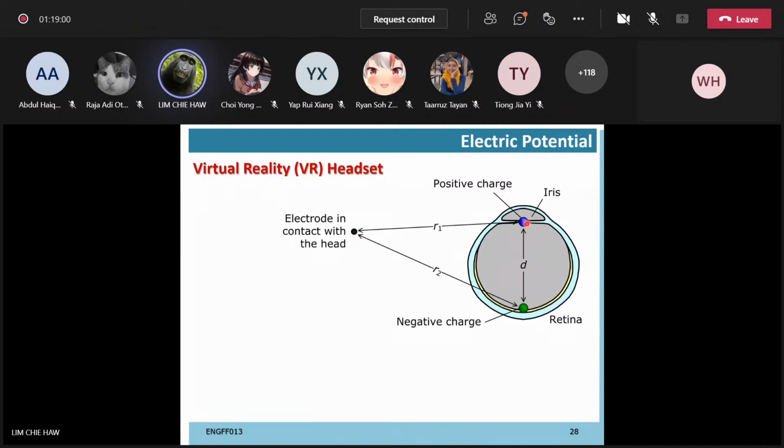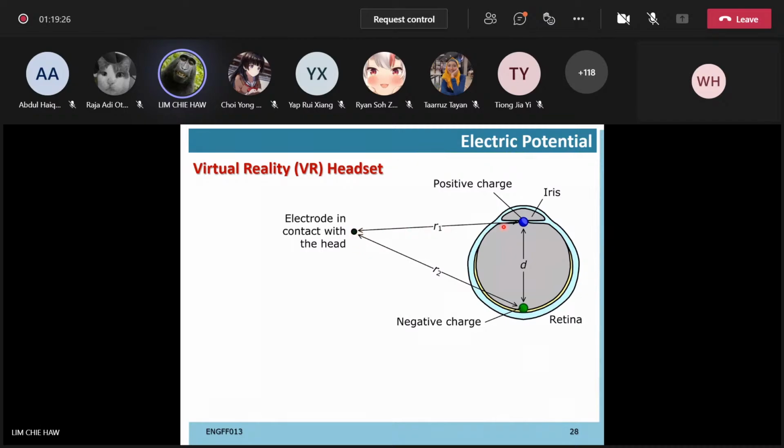For instance, the scientists know very well that if you look at the iris of the eye, there will be a positive charge of a certain value, and at the retina there will be a negative charge of a certain value.